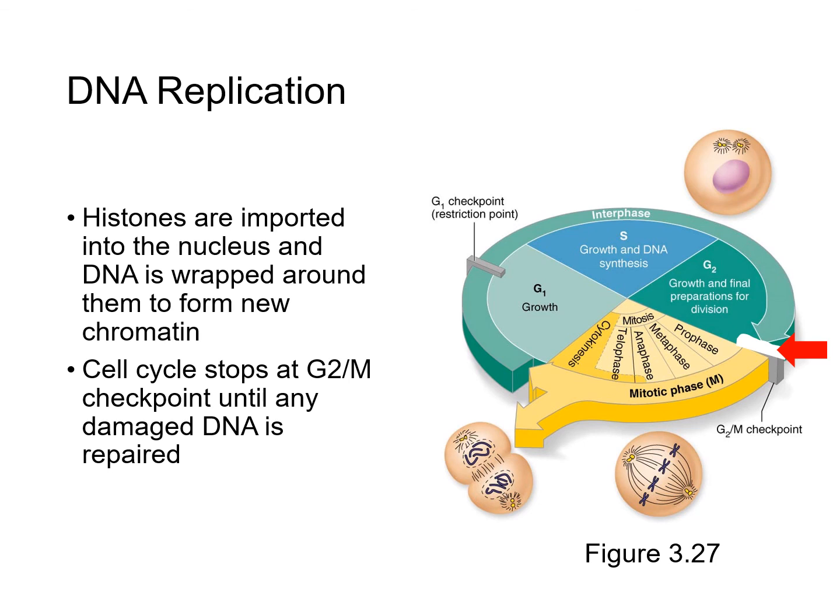Often, replication results in damage or errors in the DNA. The cell cycle will remain at the G2M checkpoint until any DNA damage is repaired. After that, the cell will move on to the mitotic phase and complete mitosis and cell division.